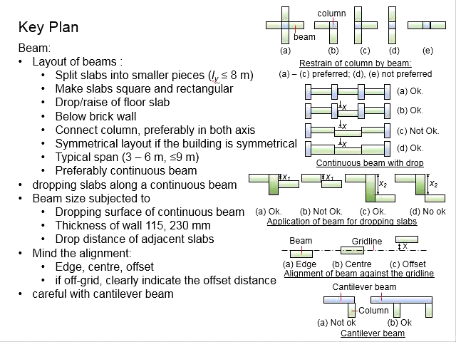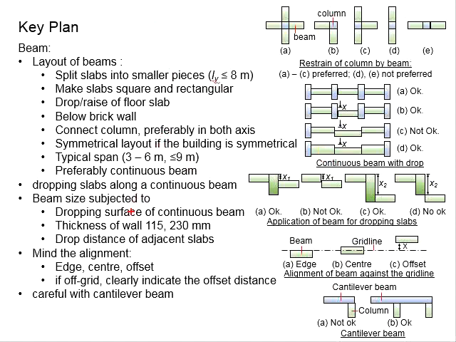You at least need to have the first draft of the key plan. Then you pre-propose a certain size. You need to take into consideration the dropping surface of the continuous member, as mentioned just now, something like this. That means you will purposely oversize the beam here in order to ensure good continuity with the member here.